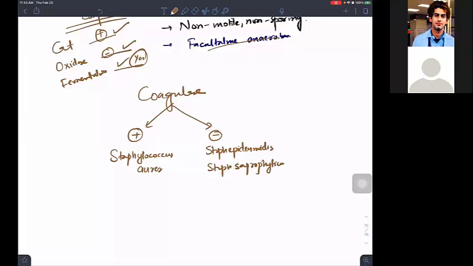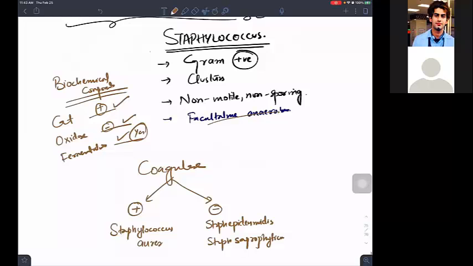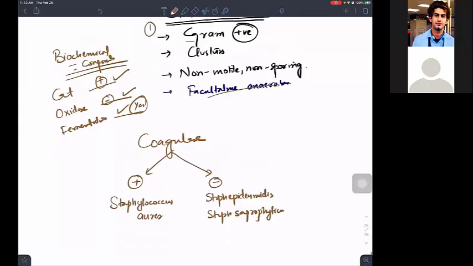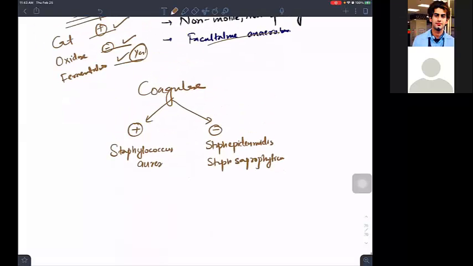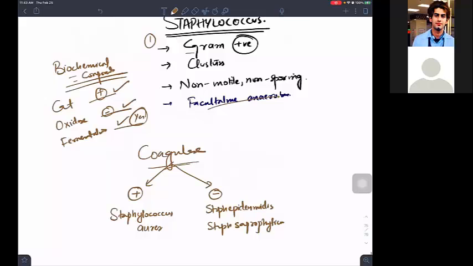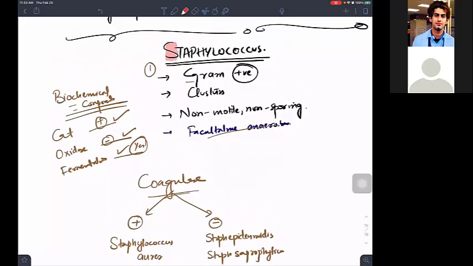We have finished their morphology and their biochemical components. Coagulase will also come in that. We should now know how to grow these bacteria. First of all, I want to tell you why they are called staphylococcus. It is because they are in the form of a bunch.